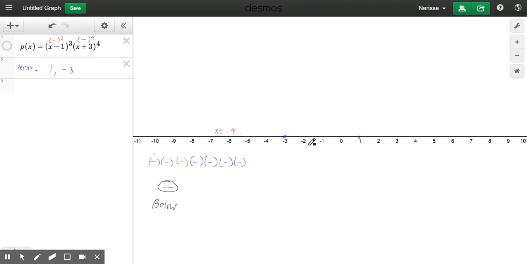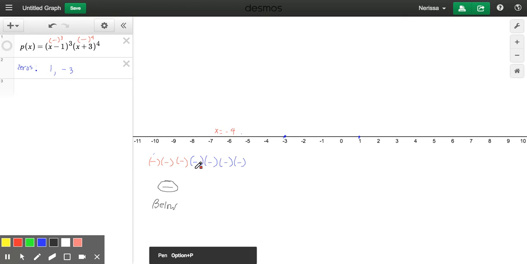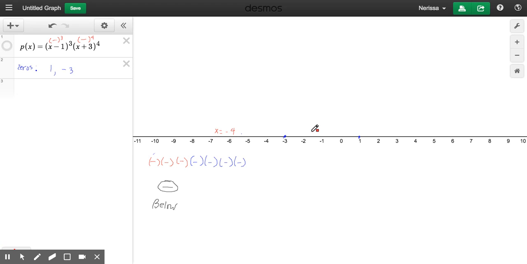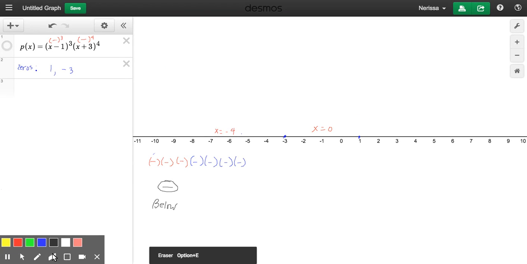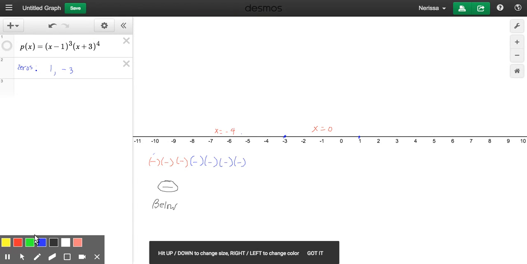Now, in this section, we can choose -2, -1, or 0. For convenience, let's use 0. It's easy to deal with 0. So now we will plug in 0 into x in the function p of x.